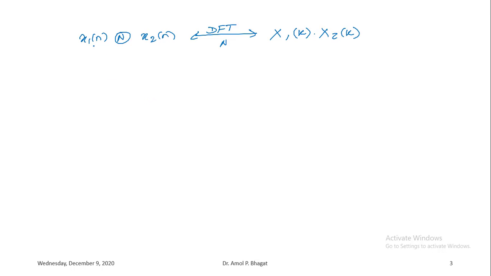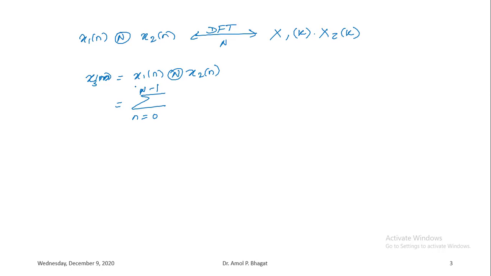So for example, if I indicate the result of the circular convolution operation as x3 of m, which is nothing but the circular convolution of x1 of n and x2 of n, then as per the formula it is simply denoted as summation n equals 0 to N minus 1, right?